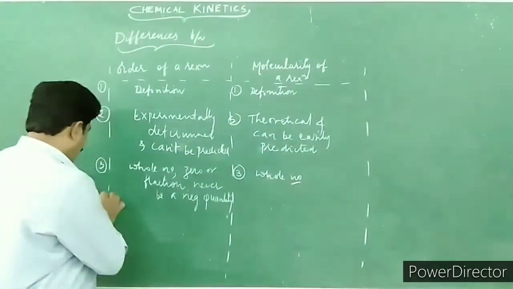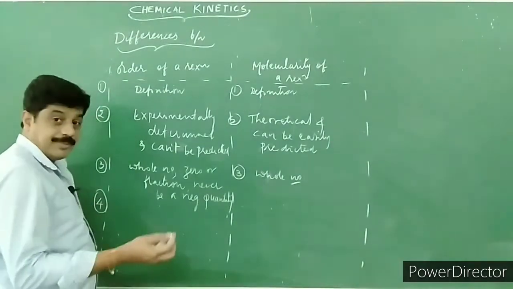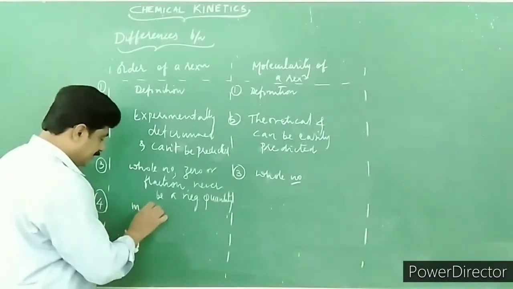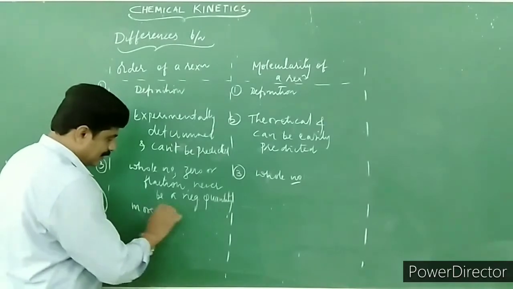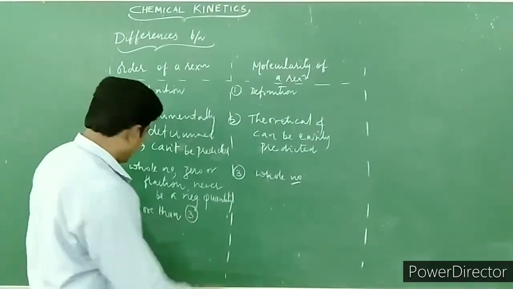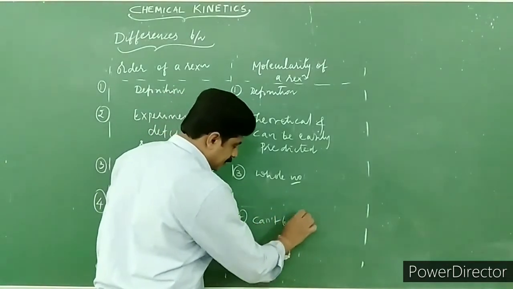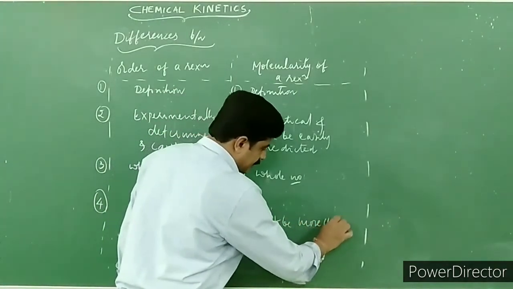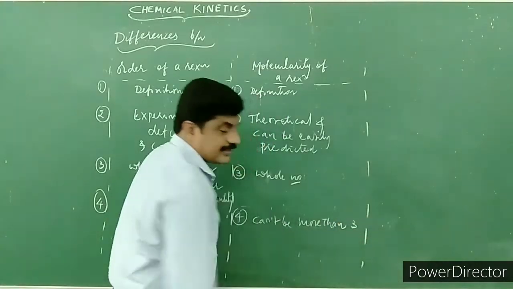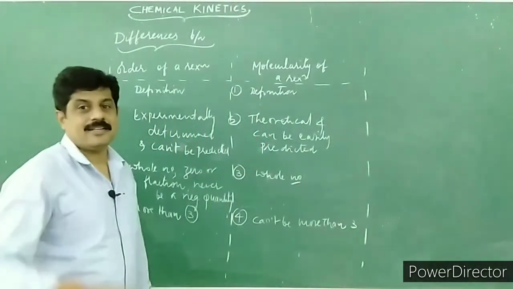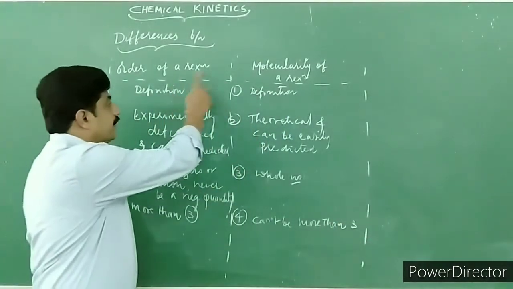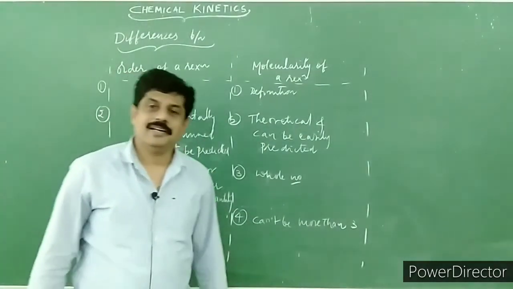One more, the order of reaction can be more than 3, whereas molecularity of a reaction cannot be more than 3. Children, so these are the differences between order of reaction and molecularity of a reaction.